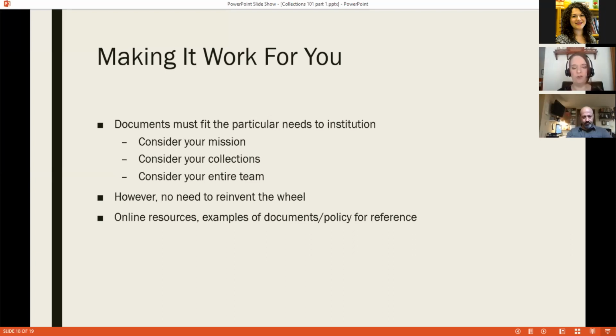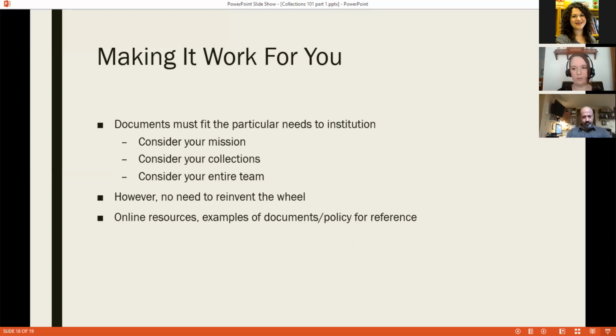So it's important to scale your needs and consider your mission, your collection, and your team. I always say that a lot of things in the history world should not be done in a bubble.